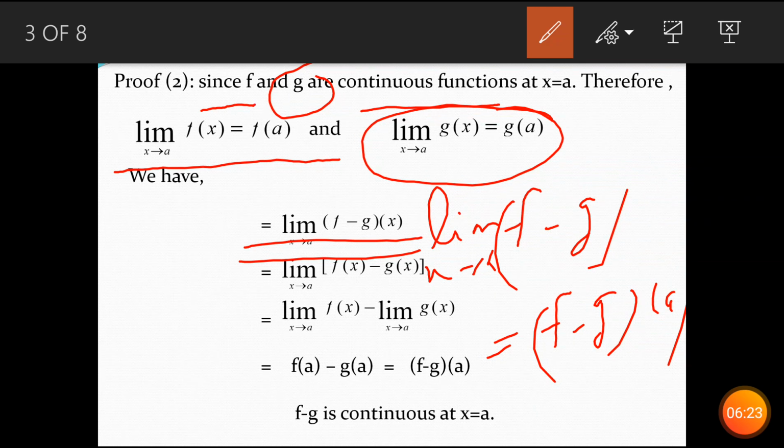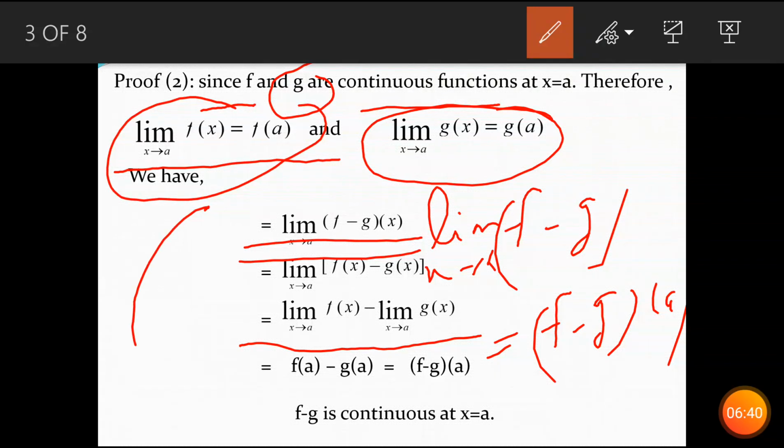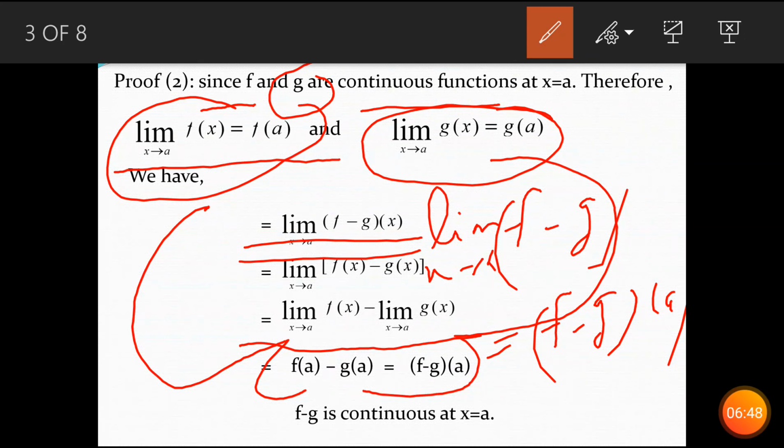According to the rule of limits that you studied in class 11th, we can separate this limit. So we get limit x tends to a, f(x) minus limit x tends to a, g(x). Now with the help of this result, in place of this limit, we can write f(a), and in place of this, we can write g(a). So this is f(a) minus g(a).